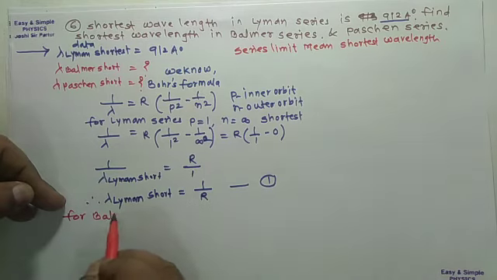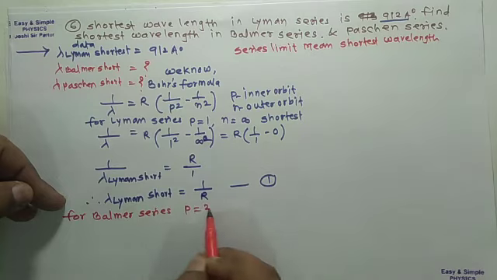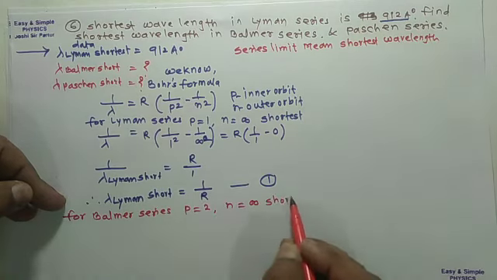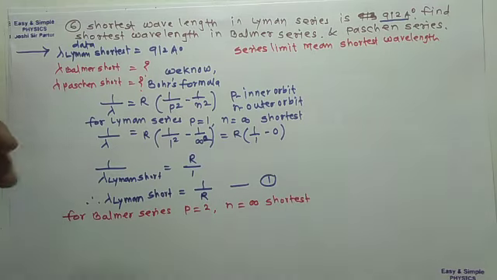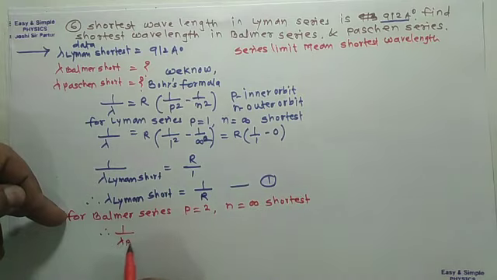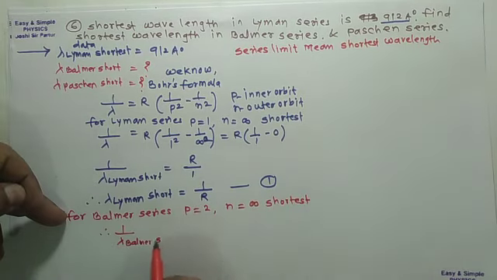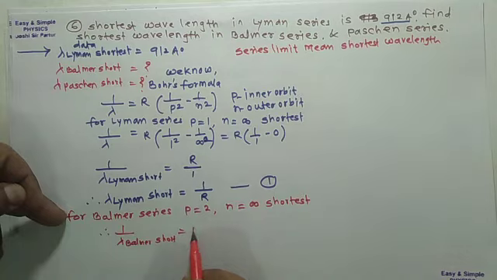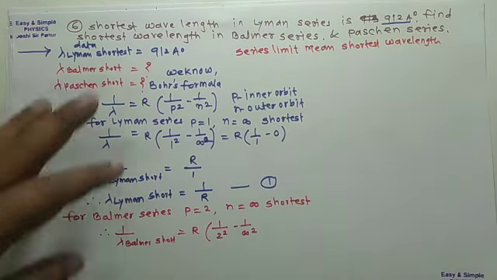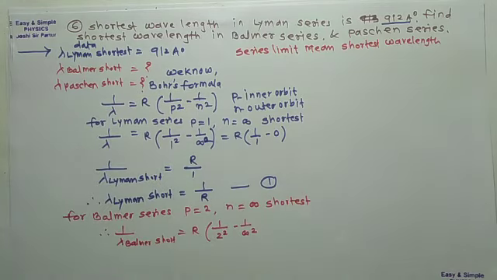Similarly, for Balmer series, p equal to 2, n is equal to infinity, shortest wavelength. So 1 upon lambda Balmer shortest is equal to R in bracket 1 upon 2 square minus 1 upon infinity square. So 1 upon infinity square means 0.